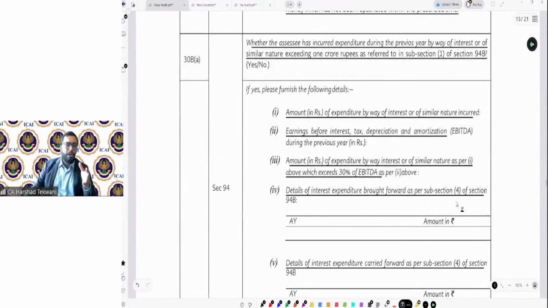So if that is the case, you need to report it over here under section 94B, and that is clause 30BA.